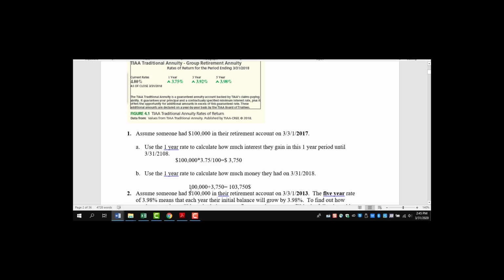That's how much money they had in their account after 1 year. Now, the important thing is that the second year, they would still get the 3.75%, but they would get it on 103,750, not on 100,000, because that's what their account is worth now. So you're talking about yearly compounded interest.